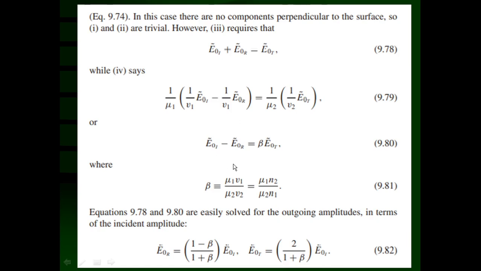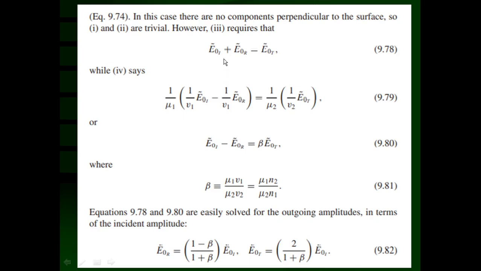Mu1 V1 upon mu2 V2 is given the designation beta, and that's why this equation reduces to E0I minus E0T is equal to beta times E0T, the transmitted wave. So we have obtained these two equations, 9.78. The first equation we obtained from equation number 3, and the second from equation number 4.